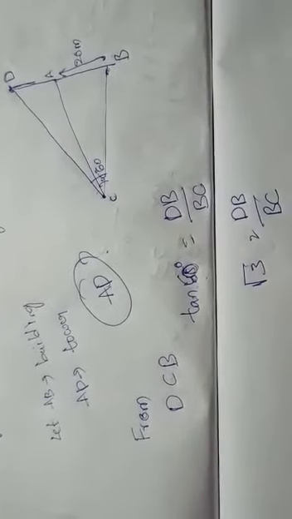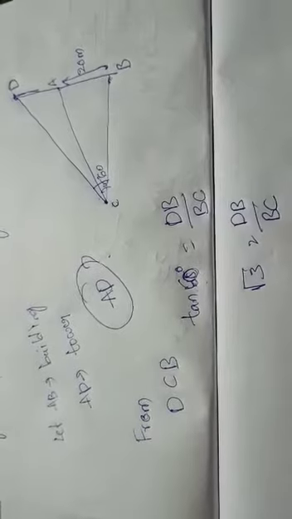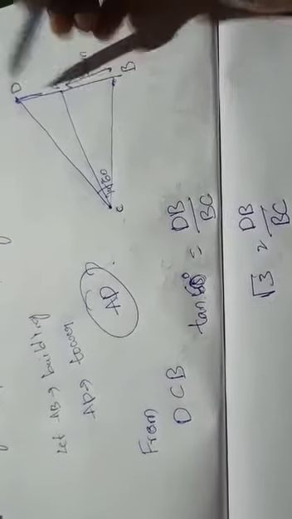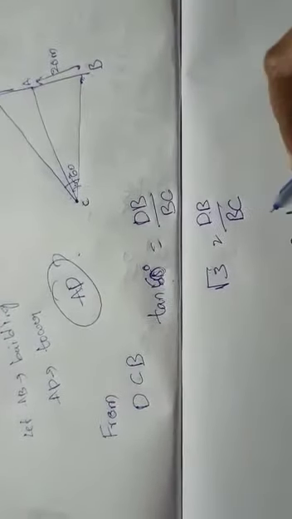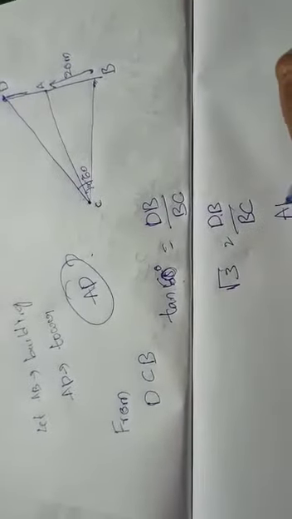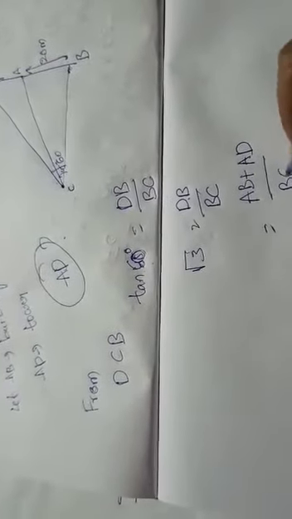Here DB equals AB plus AD. So root 3 into BC equals AB plus AD. We know AB equals 20 meters, so root 3 BC equals 20 plus AD.